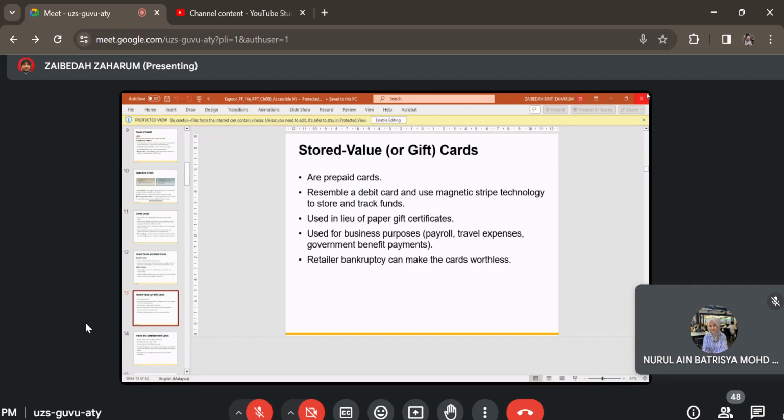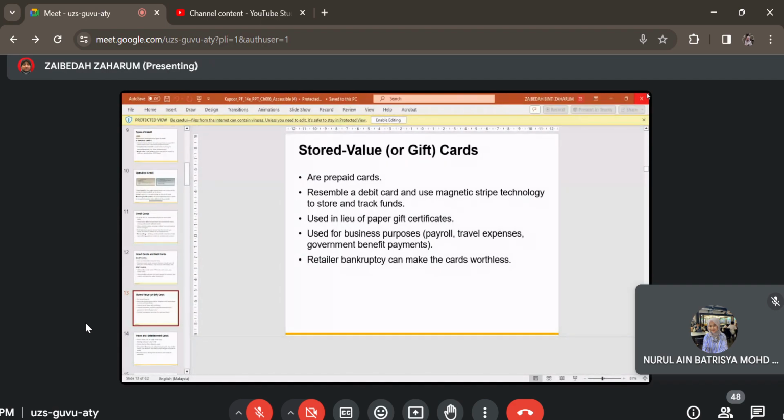Tapi kalau dekat overseas dia ada juga a certain retailer provide a credit card. Credit card dia tadi lebih kurang sama macam kita kalau kat sini, bank yang provide the credit card kan, macam CIMB Visa card, Maybank Visa card, Maybank Mastercard, whatever lah.